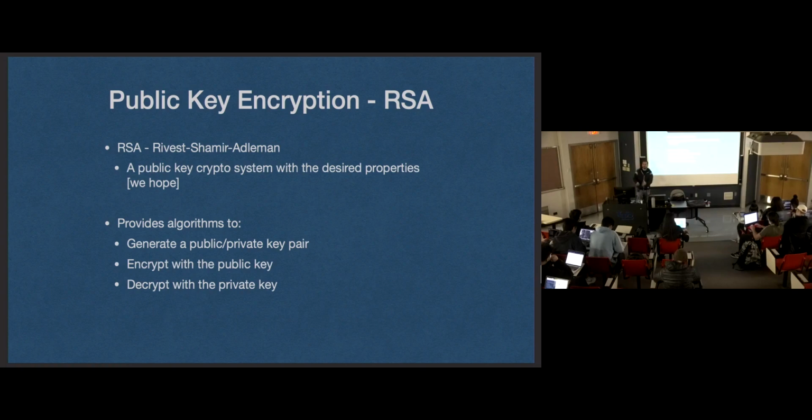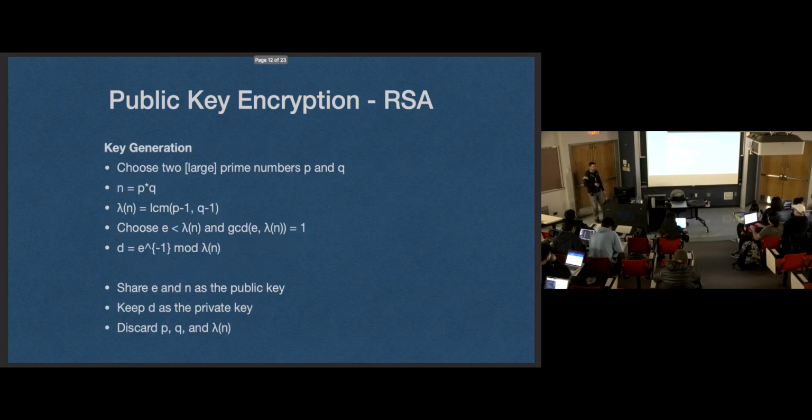So let's talk about one specific public key crypto system, RSA, which is going to have the properties that we want. We're going to look at three algorithms: one to generate the key pair, one to encrypt, and one to decrypt. And we hope it works. So this is key generation.